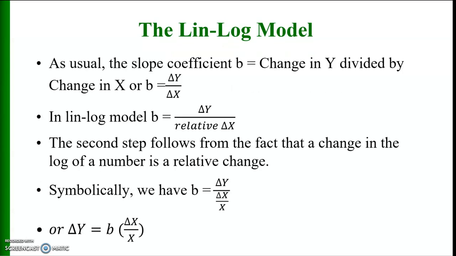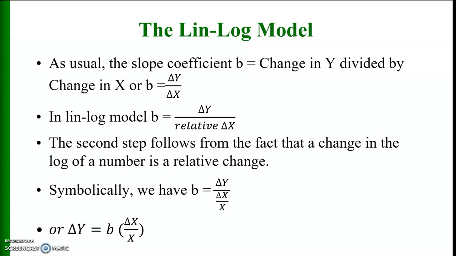As usual, the slope coefficient b is equal to change in y divided by change in x, or b is equal to delta y over delta x. In the Lin-Log model, beta or b is equal to absolute change in y, that is delta y, divided by relative change in x. The second step follows from the fact that a change in the log of a number is a relative change.